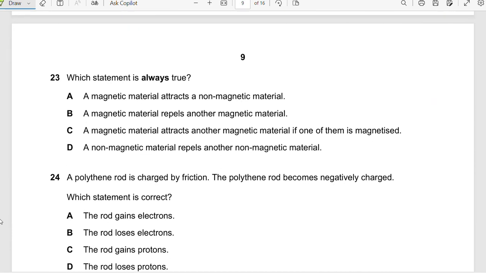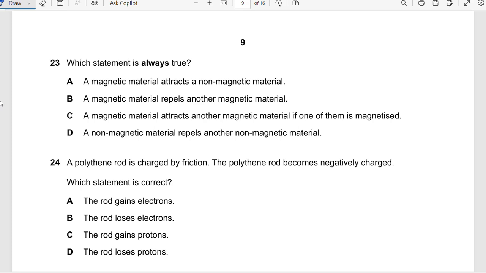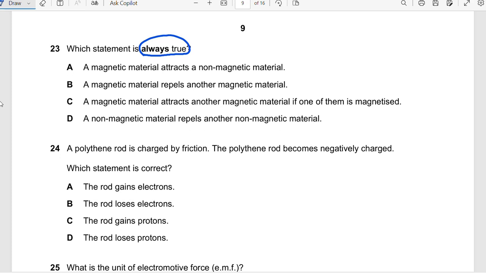Now question 23, what do they want? They say which statement is always true? A magnetic material attracts a non-magnetic material. No, this is not correct. A magnetic material repels another magnetic material.